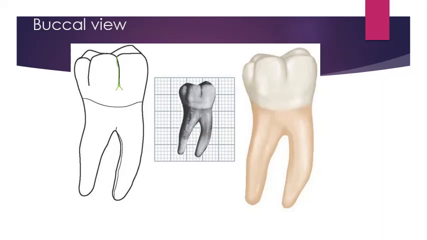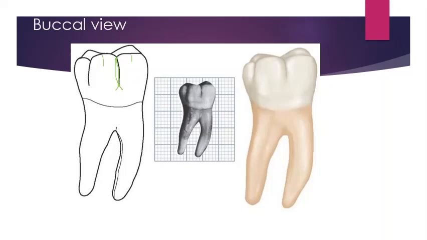The mesiobuccal groove is present in an occluso-cervical concavity, which lies between the two buccal ridges of the mesiobuccal and distobuccal cusps. That concavity between the mesiobuccal cusp and the distobuccal cusp is where we can find this mesiobuccal developmental groove.